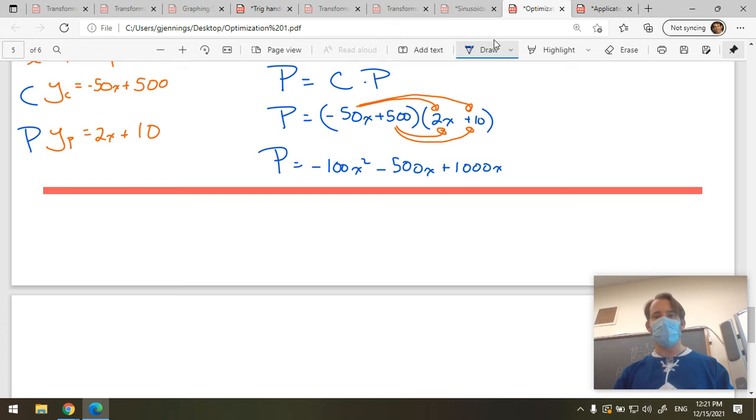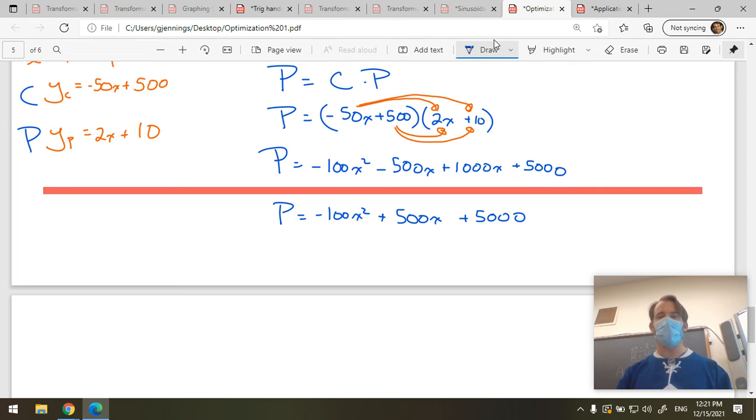And then 500 times 10, that will be plus 5,000. So this gives me an equation in standard form that looks like this. The profit is equal to negative 100 times x squared plus 500x plus 5,000.